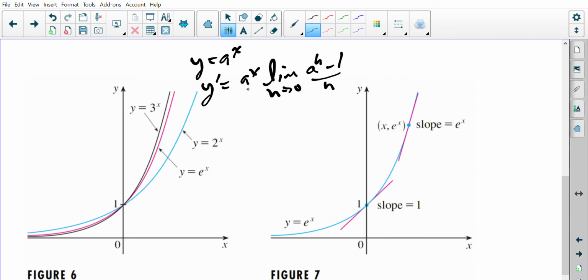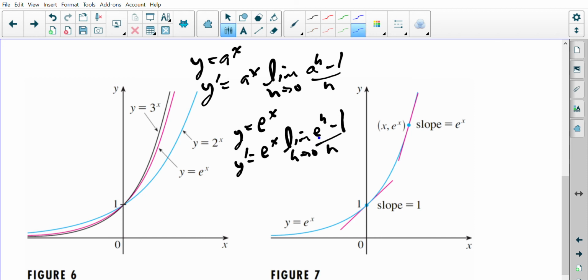If I change a, if a is e, then my derivative becomes e to the x times the limit of (e to the h minus 1) divided by h as h goes to 0. And e, base e, is the only base where this expression becomes a 1. So essentially that disappears, and now y prime will just be e to the x.